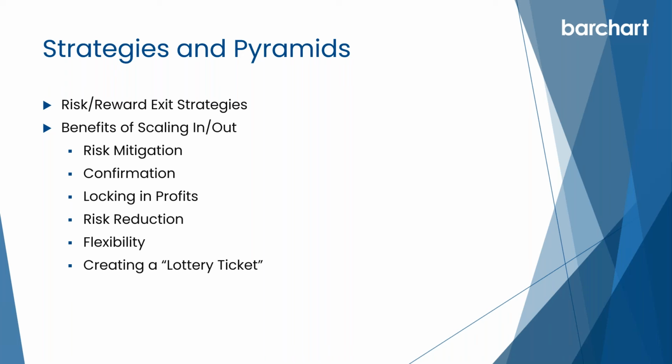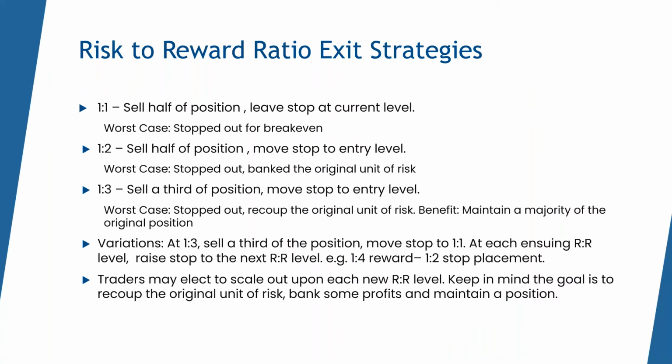And what I'm going to show you in a second is some variations and ways that I can flex a position. So here's the basic rule: once the market starts to reward you, you are in a position of strength. And once you get in a position of strength, it's a lot easier for us to create that potential lottery ticket.